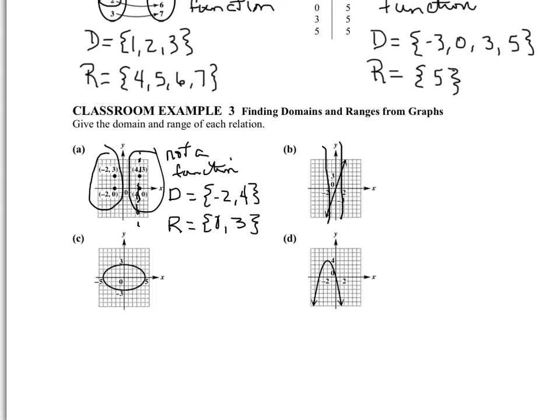And the answer is no. As long as I have a graph that is linear, if this is a line, and when we say it's a linear graph, I'm excluding a vertical graph, and for now we'll say we exclude a horizontal graph. Those are actually constants that are graphed. As long as you see some sort of slant or slope to the line, it's going to be linear, and that means it will always be a function.